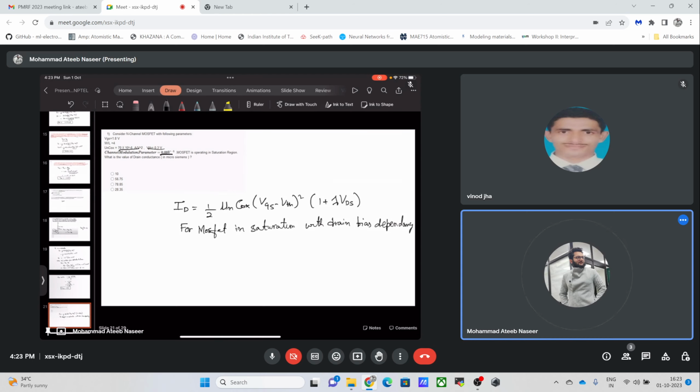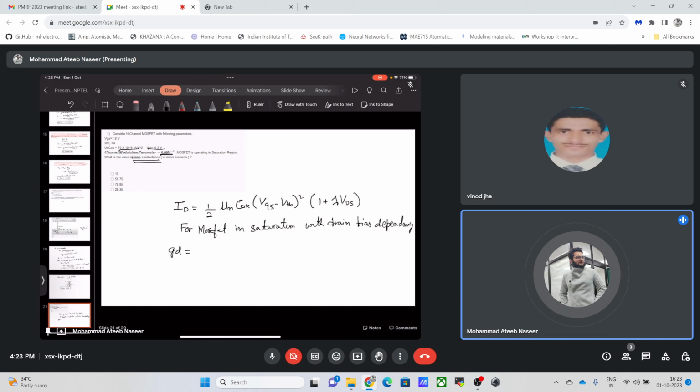So now we have to find the drain conductance. Previously we had seen gm, which was dID by dVGS, the rate of change of the current with respect to the gate bias. Now in this case we have to find the gds, or gd.